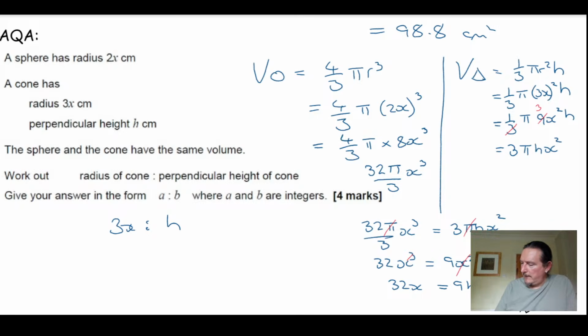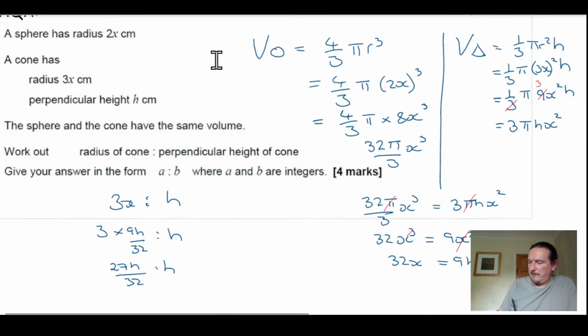But I now know that x is 9h over 32, so I can replace that. Rather than writing 3x, I'm going to write 3 lots of 9h over 32 to h. Then simplifying that, 3 times 9 is 27, so that gives me 27h over 32 to h.